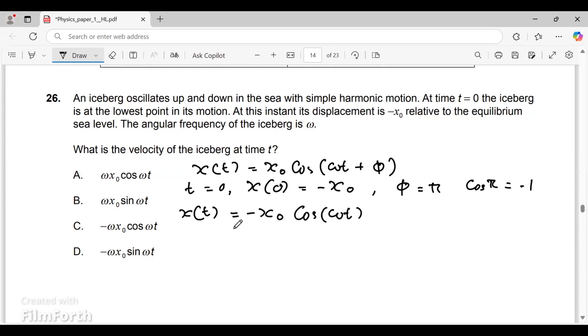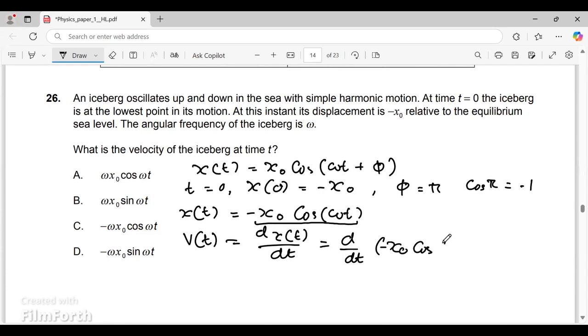To find the velocity, we are going to differentiate the displacement equation, by using the chain rule. dx(t)/dt equals the differentiation of this expression, cosine omega t.